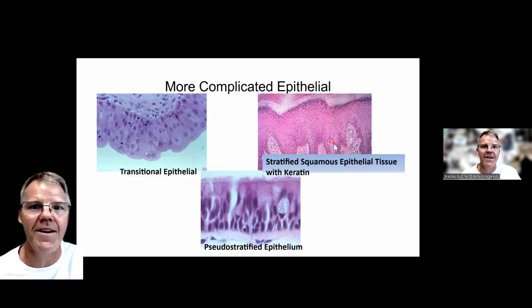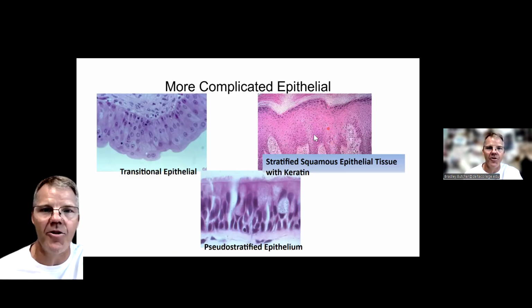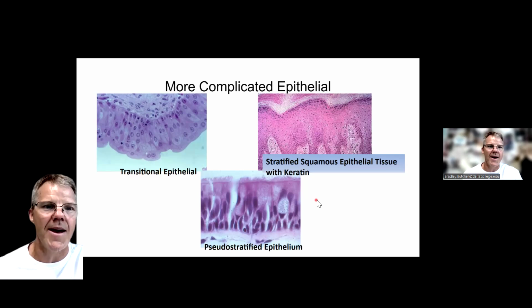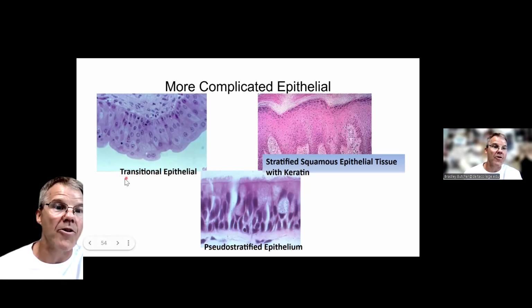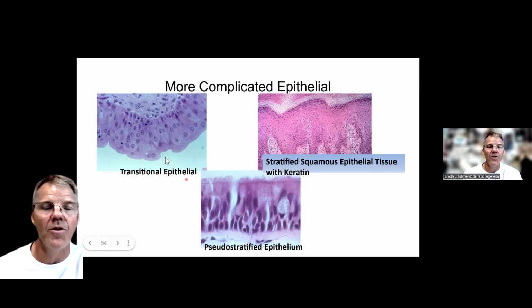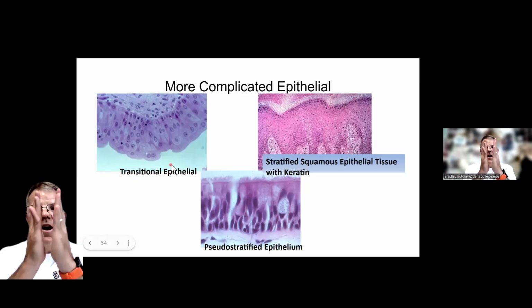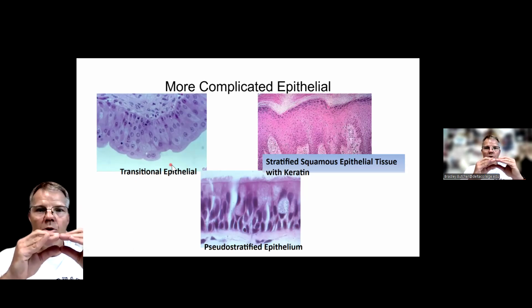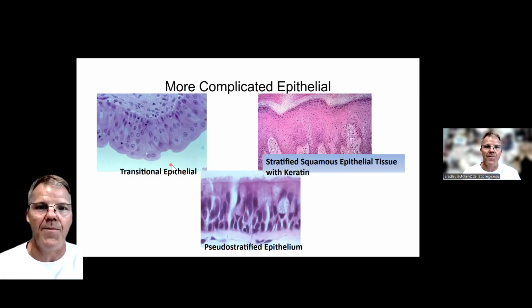Here's some more complicated versions of epithelial tissue, and these are great terms to show off on the weekend to let your family and friends know how smart you are. You could talk about transitional epithelial tissue, right? Remember we talked about how it might be columnar and then it may transition to more of a squamous looking shape.